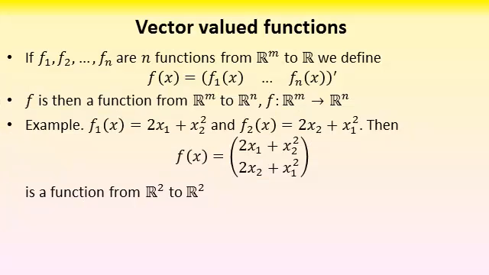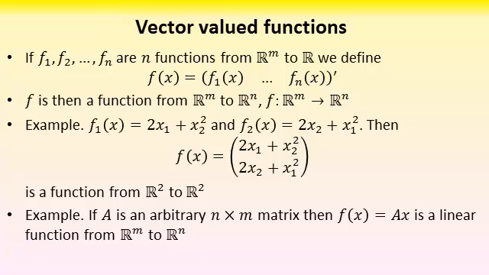Probably the most important function from Rm to Rn is the linear function given by A times x, where A is a matrix, an n by m matrix. We can easily check that this actually is a function from Rm to Rn.